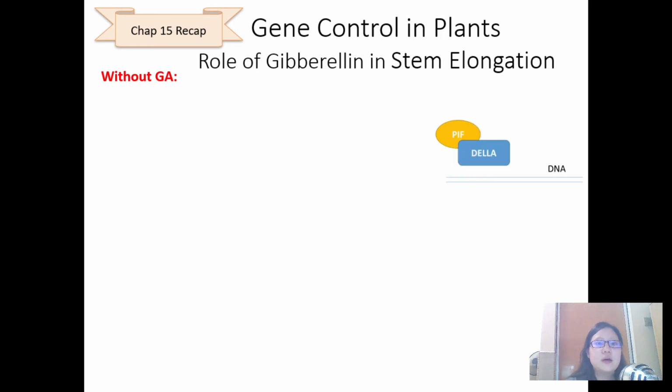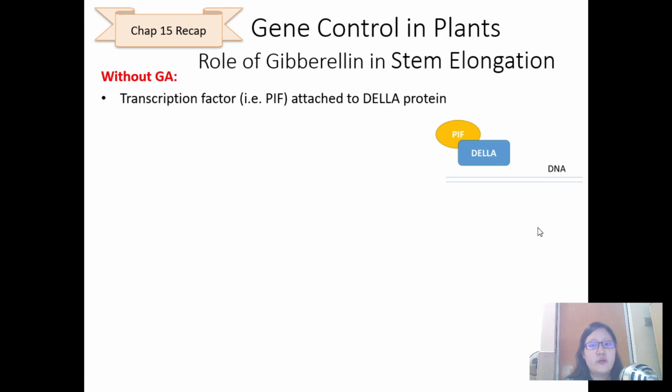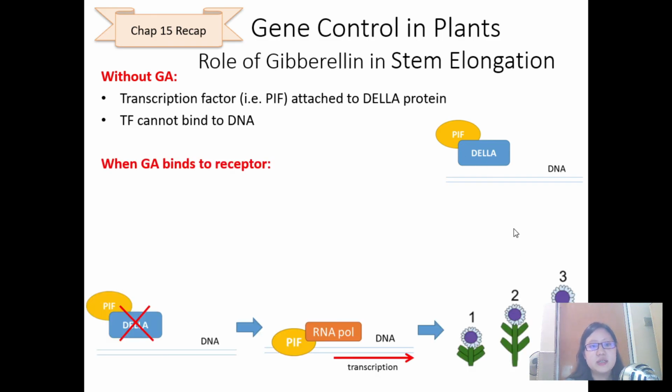Without gibberellin present, the transcription factor PIF is attached to the DELLA protein. The DELLA protein acts as a sort of inhibitor of transcription. Therefore, the transcription factor is bound, so it cannot bind to DNA. But with gibberellin present, it binds to the receptor, and this causes DELLA protein destruction.